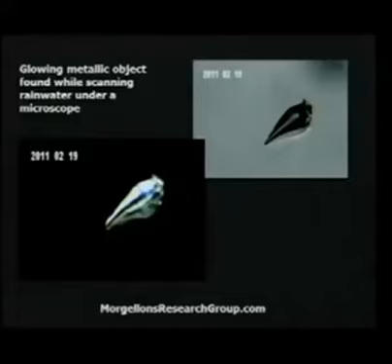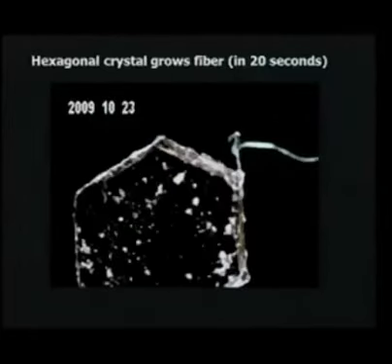Here is a glowing little arrow-shaped thing found in rainwater when the same woman who supplied the previous images was scanning water from a puddle under her microscope, and she saw this arrow-shaped thing that glowed. And here's a hexagon that grew a fiber in 20 seconds as it was being observed under the microscope.